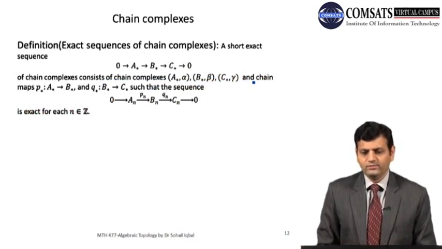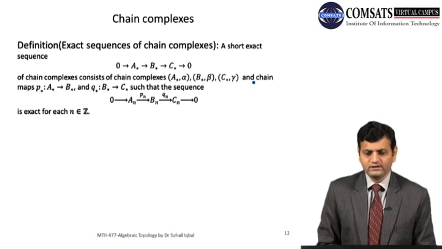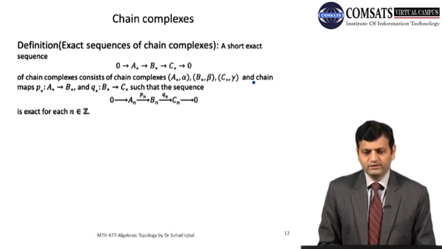Exact sequence of chain complexes. So just like exact sequences of modules, we can define exact sequences of chain complexes. We know what a chain map is. The only condition they need to satisfy is that the image of the previous map should be equal to the kernel of the next map.